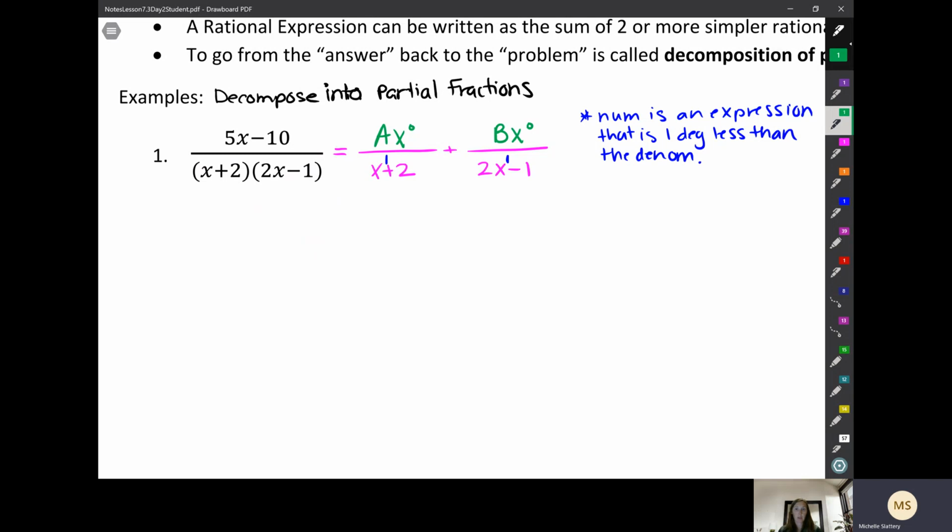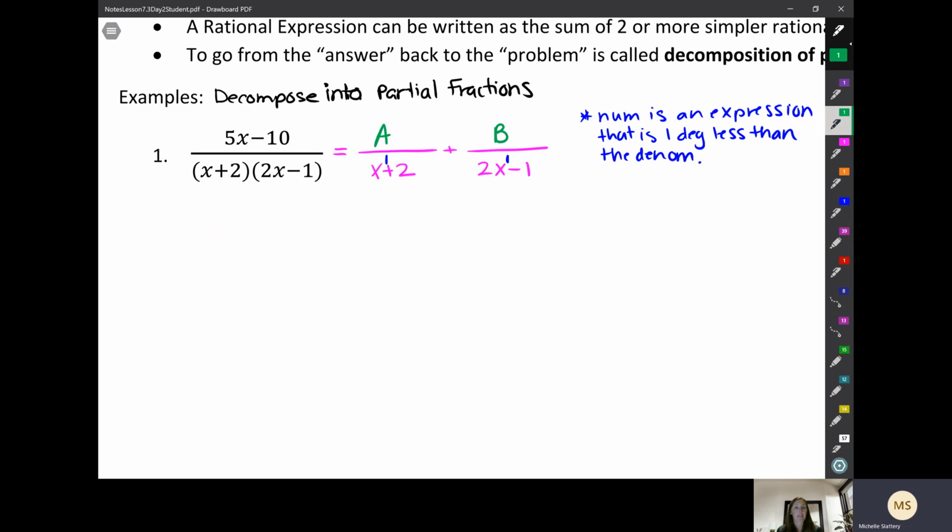So I have a x to the 0, and then b x to the 0 as my numerators. Now, we know that x to the 0 equals 1, so we usually don't write it. Let me get rid of those x to the 0. In this case, we just have a as our numerator and b as our second numerator.